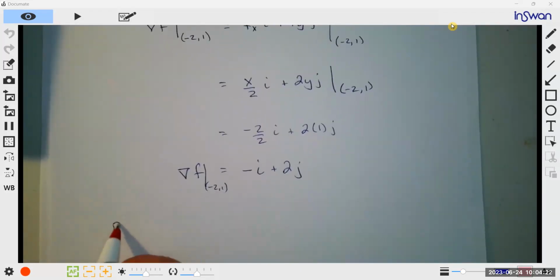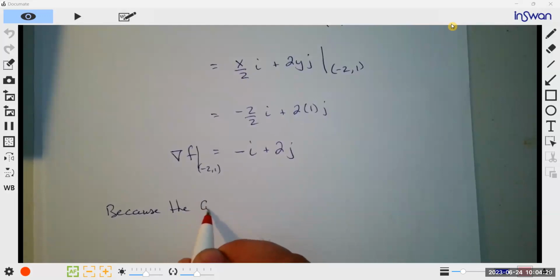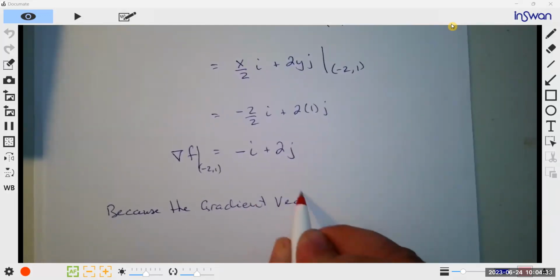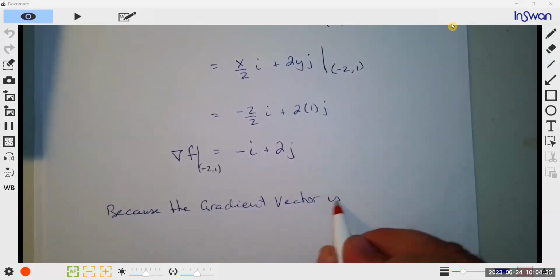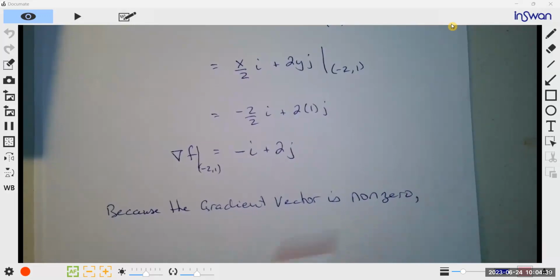Now, because the gradient vector is non-zero, it equals something.